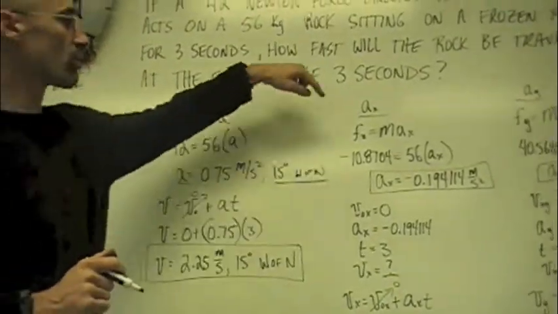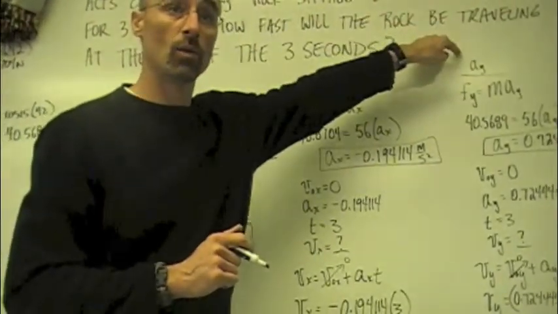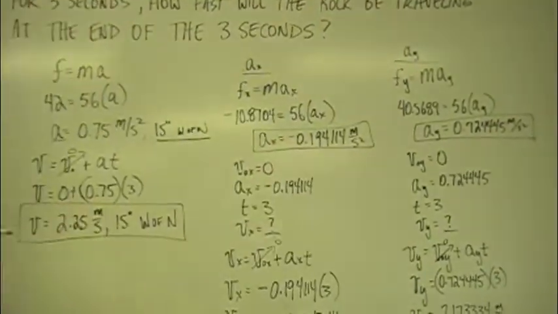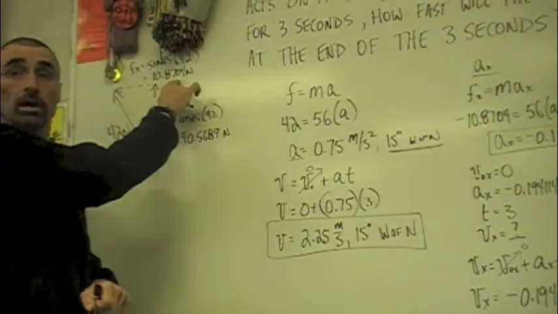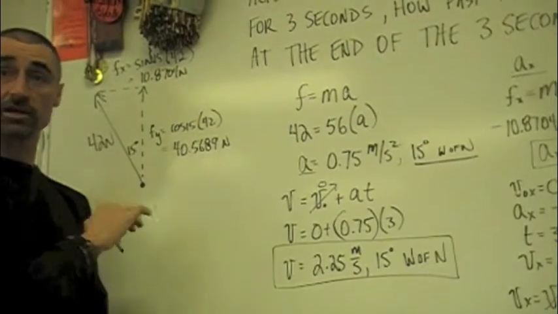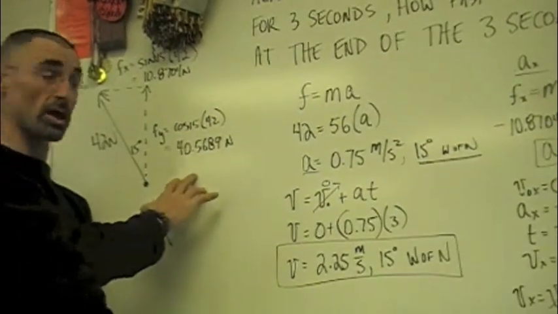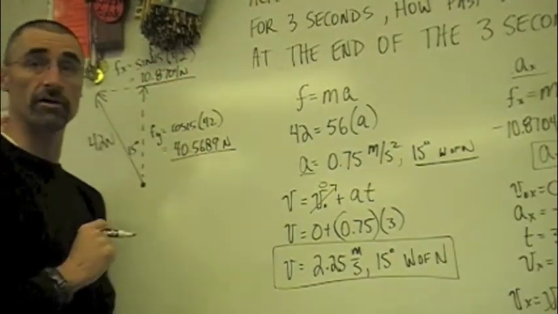Okay? So let's look at this one. What we did, guys, is we broke its acceleration down into an x component and a y component. If you come back here, guys, can we break the force into an x component and a y component? And we've done that so many times with the cosine and sine. You guys should be proficient there. Okay? So we come up with that for our Fy and that for our Fx.